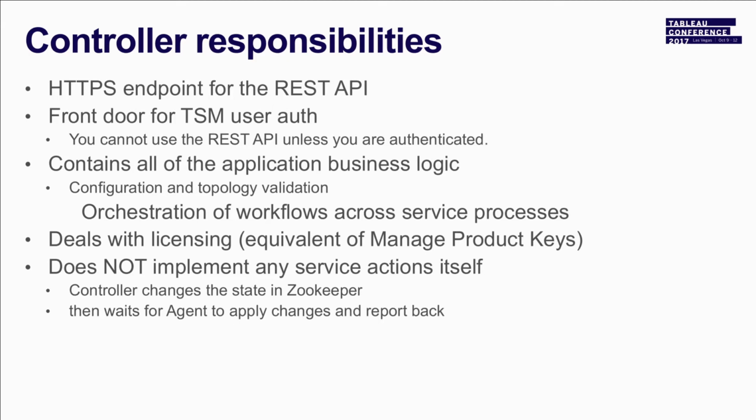And the important thing to know about, from the architecture perspective about controller, is that it doesn't implement any of the service actions. So the way that, oh, question. Regarding the licensing, if I have 8 core and if I buy another 8 core, if I update the key through REST API, I don't have to restart or anything, right? It's automatic.